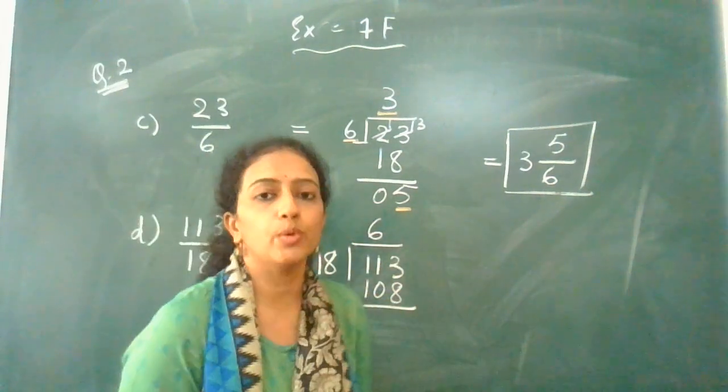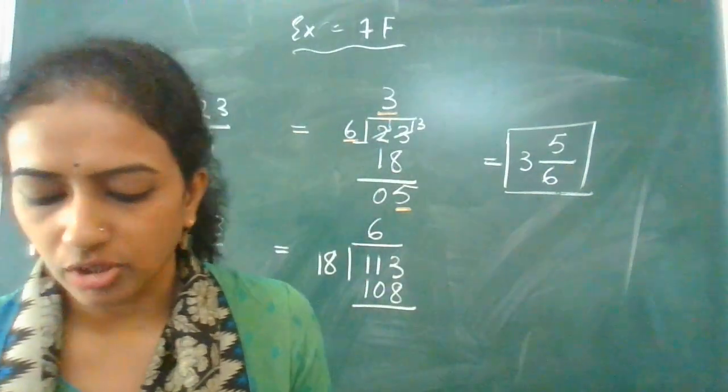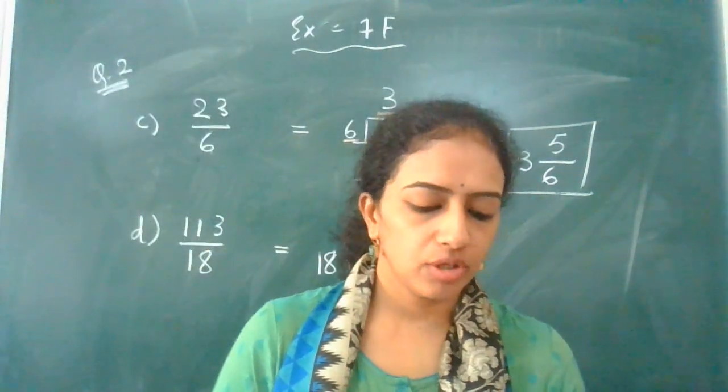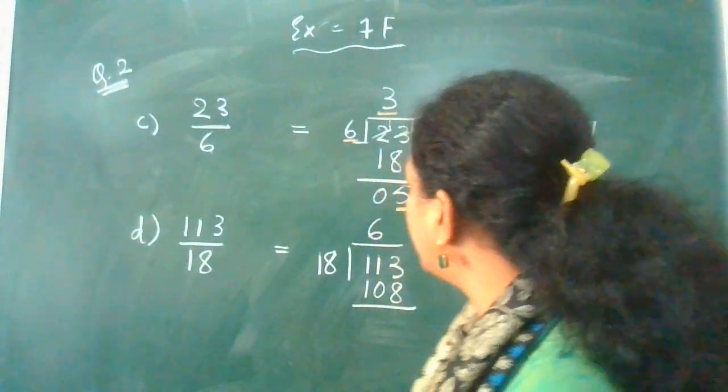If you don't know the table, you can make a table in the rough work. So 18 sixes are 108.